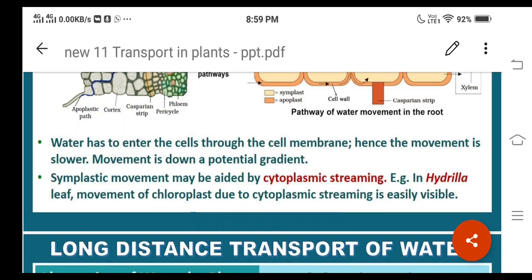To observe this process, cytoplasmic streaming, we can perform a small experiment, right? What example they have given: the hydrilla leaf. Remember, hydrilla is an aquatic plant, and it shows the formation of small leaves at the nodal region.